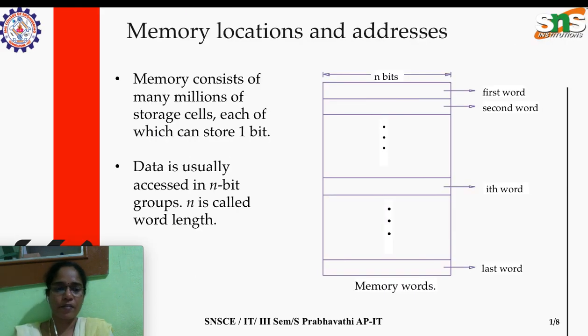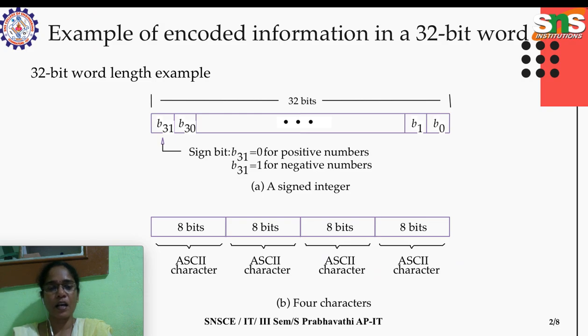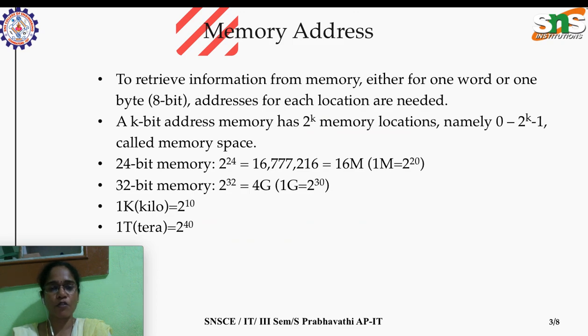Memory locations and addresses. Here we have seen how the information is stored into the memory in terms of bits, using ASCII encoding. We have seen how the word is stored, and also how to address the memory of various sizes in bits. If the address is 24 bits, then 2 power 24 memory locations will be available.